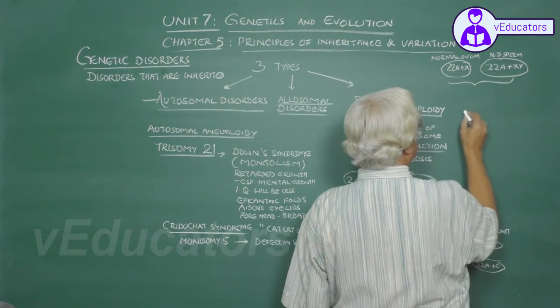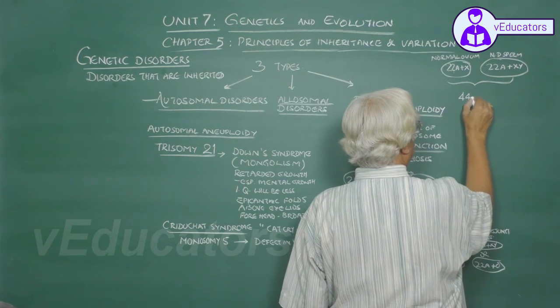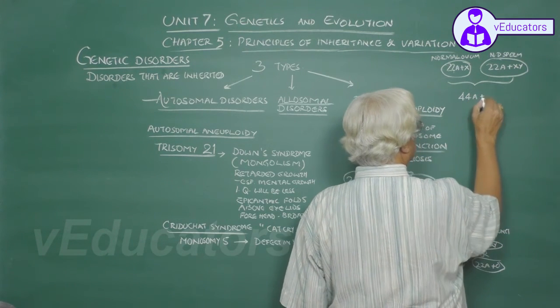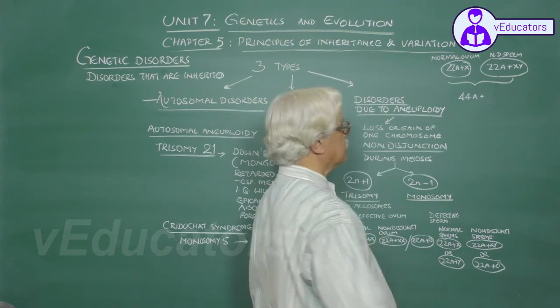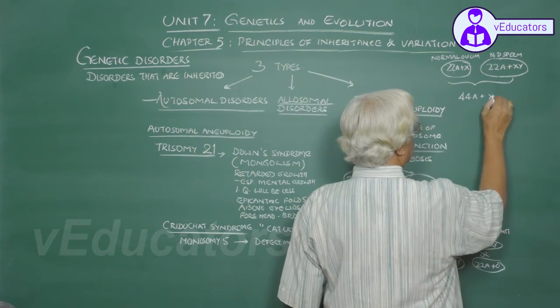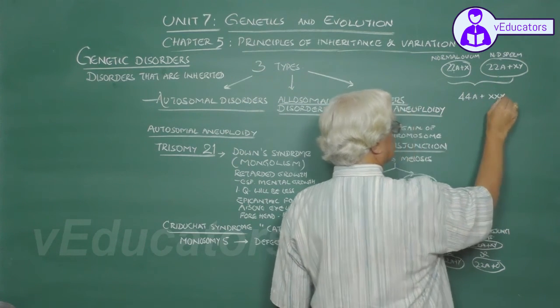When they fuse, what will be the chromosome number? 44A plus XXY.